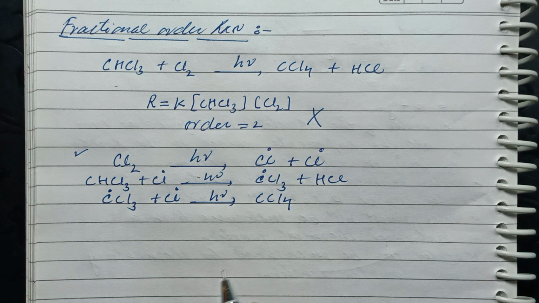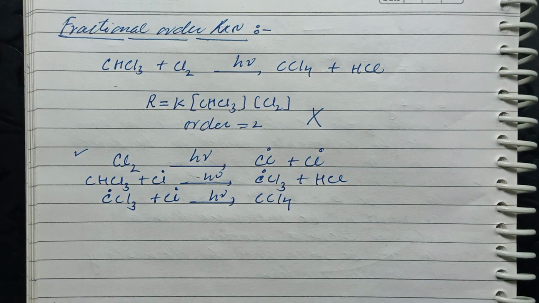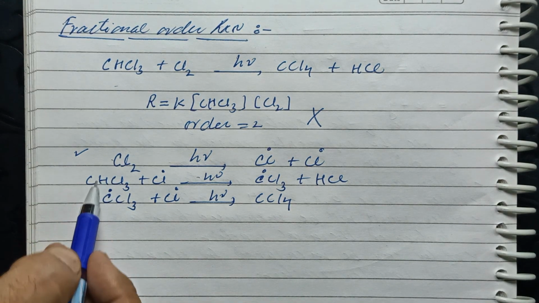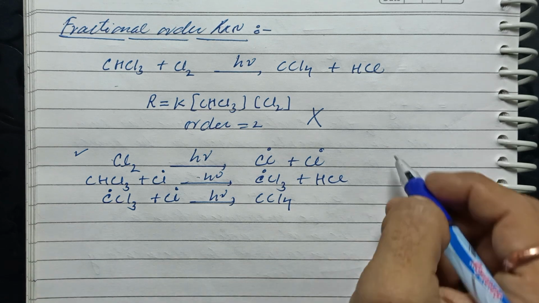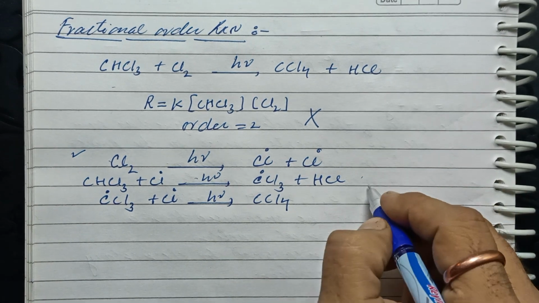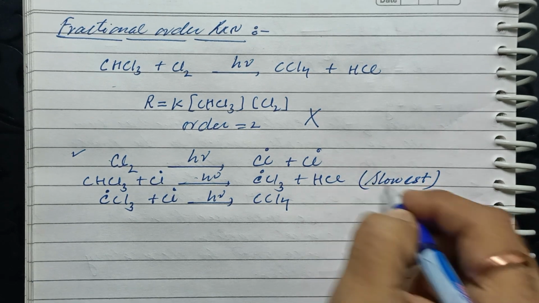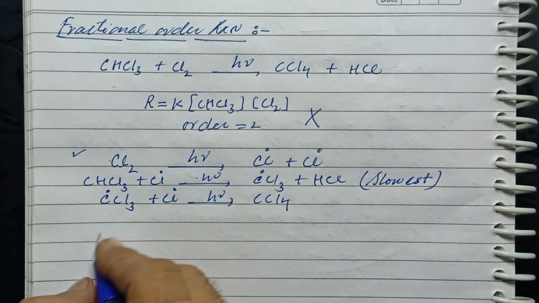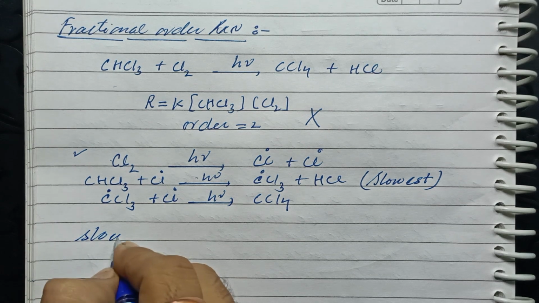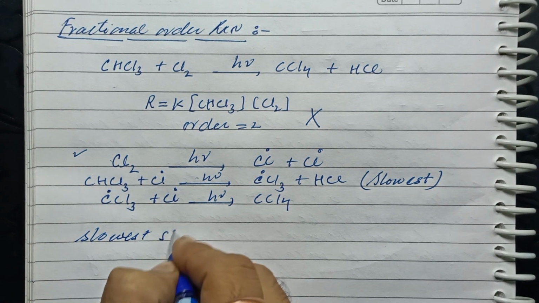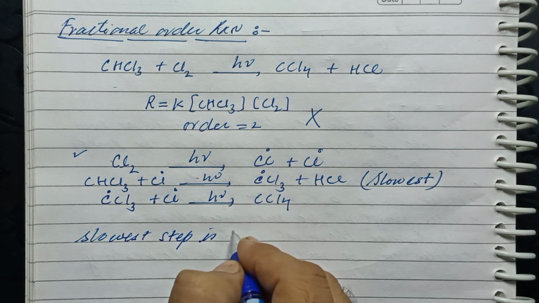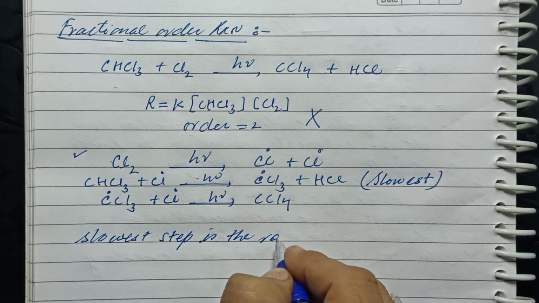This reaction takes place in 3 steps. And we have already given that this step is the slowest step. The slowest step is the rate deciding step.